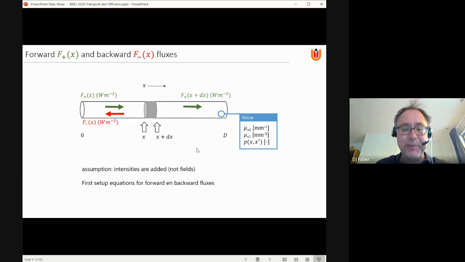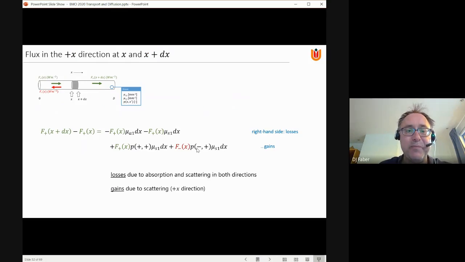Okay, so let's set up equations for this forward and backward fluxes. So the geometry stays the same. So we can now look at the change in flux in the positive direction as the light travels through that small volume. So that is basically the difference of the flux after the element and the flux before that. So that is the left-hand side of this equation.